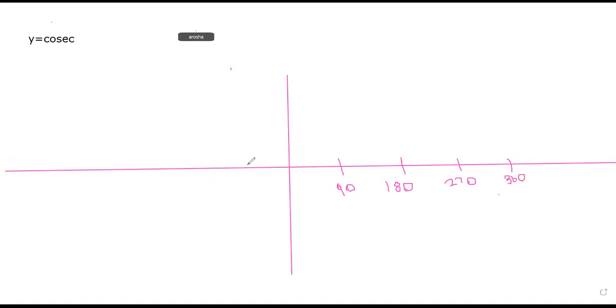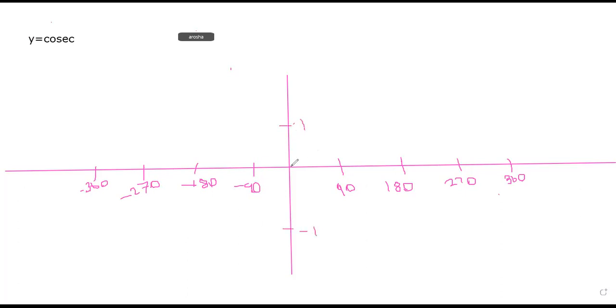Here also 90, minus 180, minus 270, minus 360. We mark the x-axis, and the y-axis is 1 and minus 1.